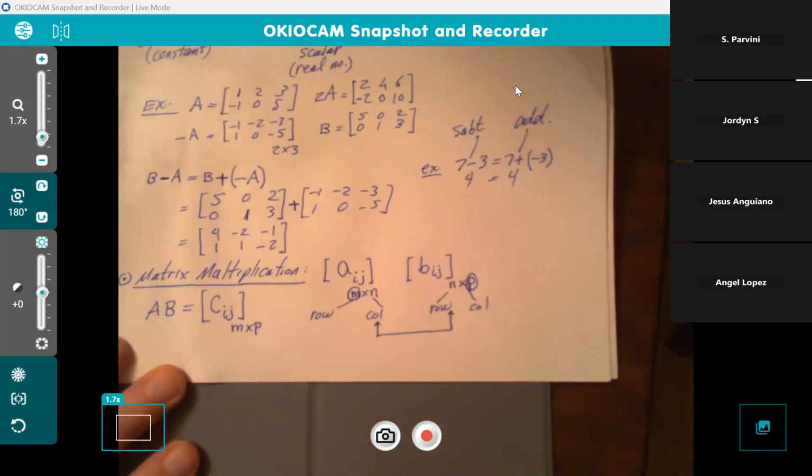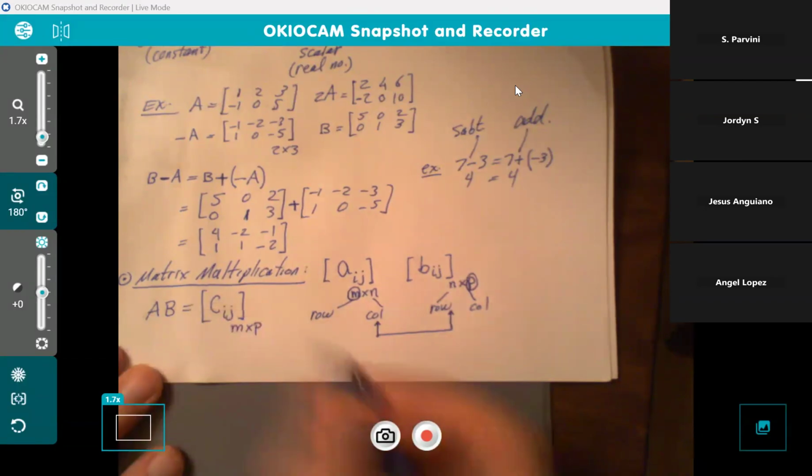You see how that works, everyone? So the inside numbers should be equal. The outside numbers are the size or order of the product matrix. Otherwise, the product is not defined.